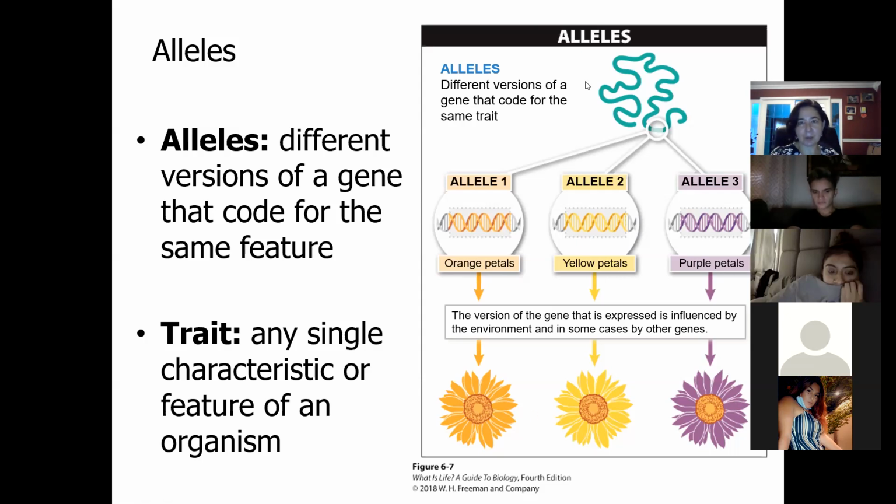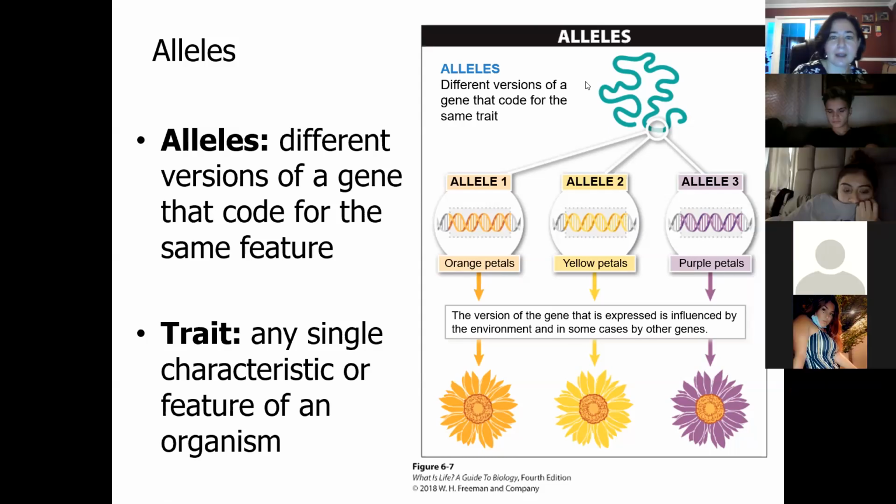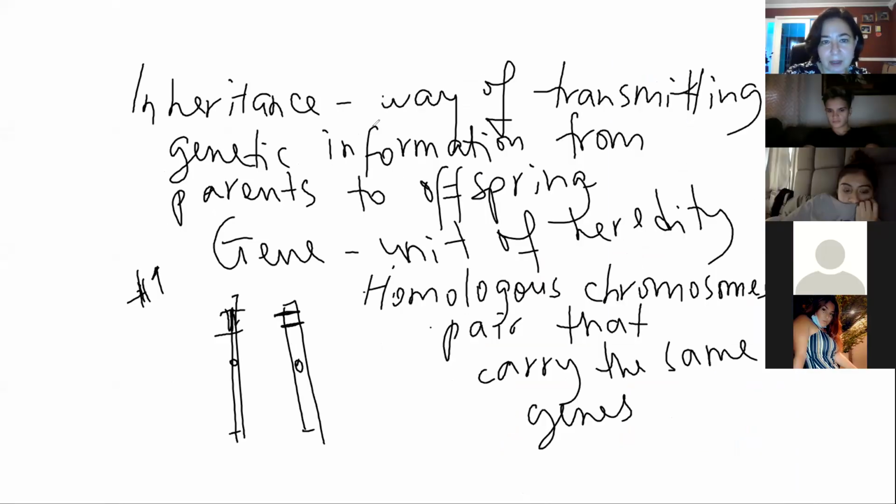But if I go back to what I was talking about, homologous chromosomes, right? This is the allele from the mother. This is the allele from the father. Let's say this is ears like this, and this is ears like that. So different versions, different alleles.